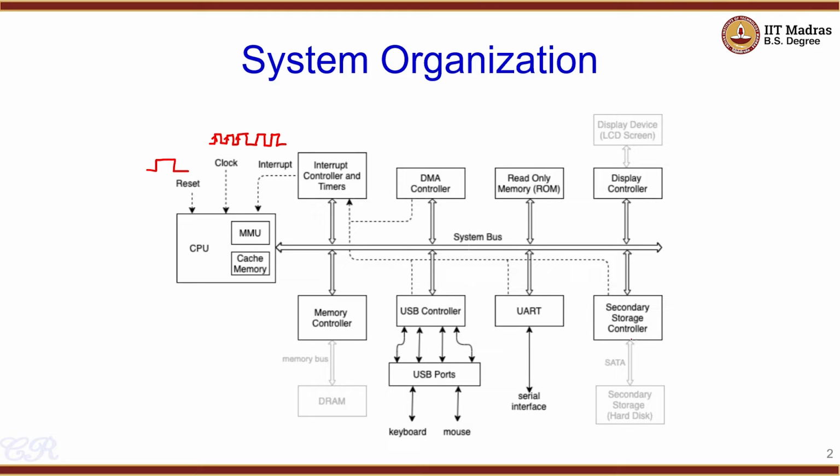You also have secondary storage controllers. A secondary storage controller, as many of you would know, is used to connect to your hard disk. For example, a SATA hard disk or a flash disk gets connected to the CPU through the secondary storage controller, right? Now, a very critical aspect for any program to execute is memory.